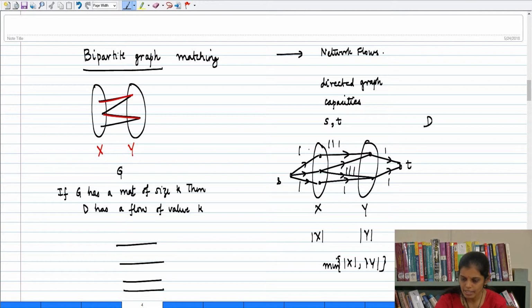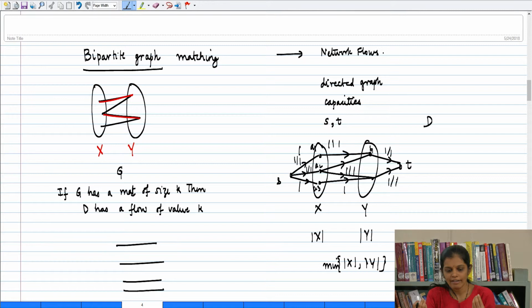Okay, so let me name these: this is A1, A2, A3. So I must give from S to A2 1 unit of flow, S to A1 1 unit of flow. Similarly, from B1 to T 1 unit of flow and B2 to T 1 unit of flow. Rest 0, right?